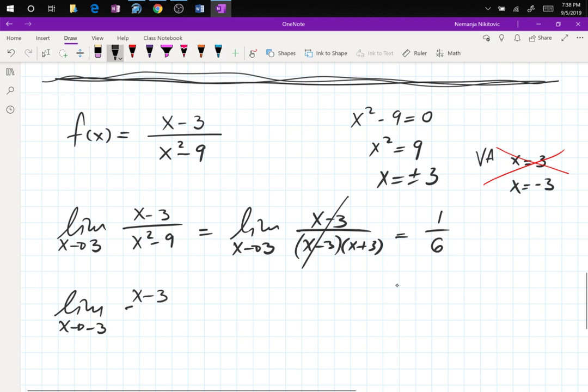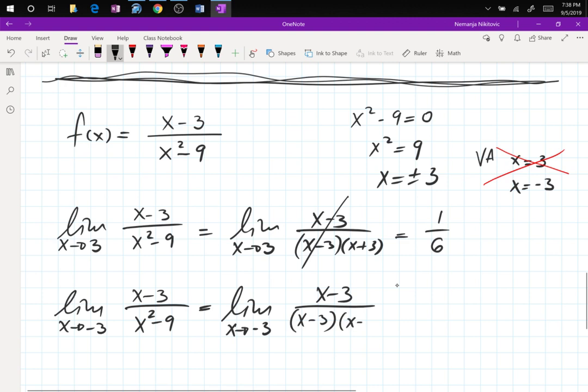So I still have to do the same method, obviously, because it's the same problem. The approach is a different point, but we still factor and cancel. Now you see that you can't plug in.